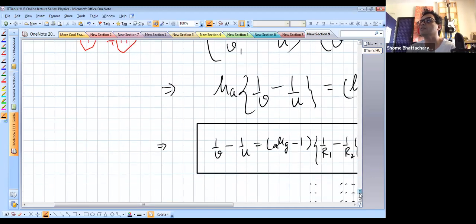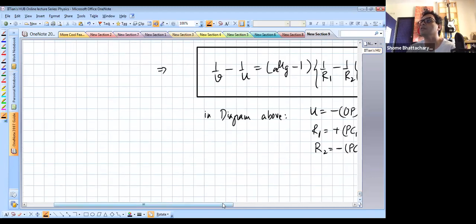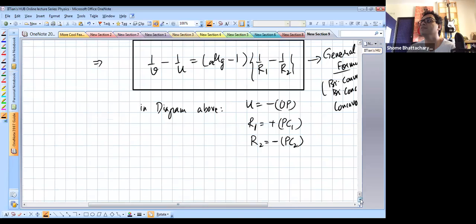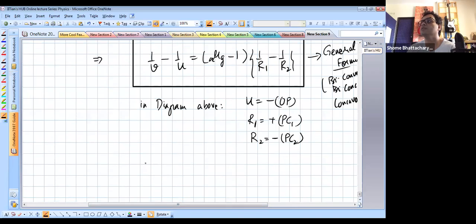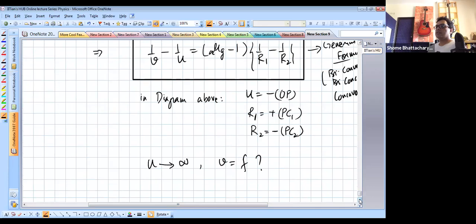So in this formula, to convert this into lens maker's formula now, what we have to do is make U tending to infinity. So the position of the image becomes the focal length. So as you can see, that gives us the formula of focal length of the lens.